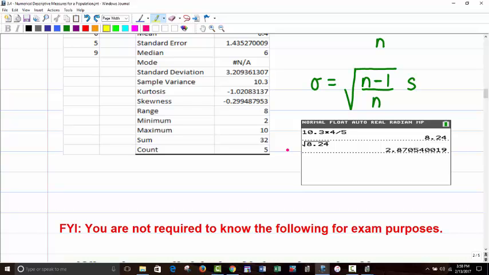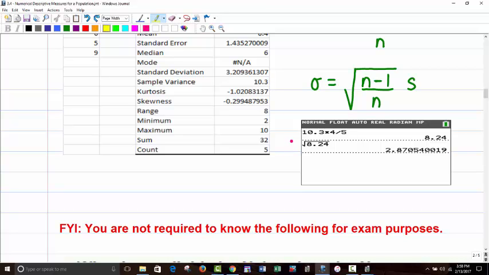And you can also do it directly from the standard deviations. Because if you had done this in the calculator, it's only going to give you standard deviation. Let's say you don't need variance. Let's say you need population standard deviation. The calculator, well, I take that back. I'm sorry. The calculator actually gives you both of those numbers. My mistake. It will say Sx and then sigma x right there with it.